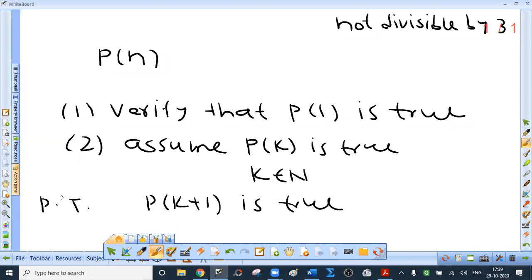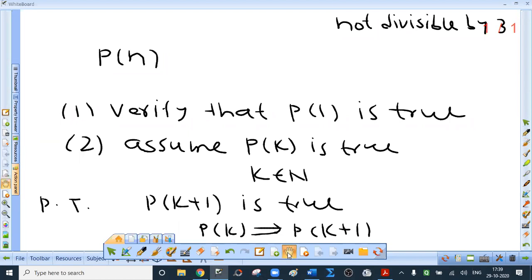Of course, for that we assume that P of k is true. In other words, we say that P of k is true implies P of k plus 1 is true. Okay, this is the second step.